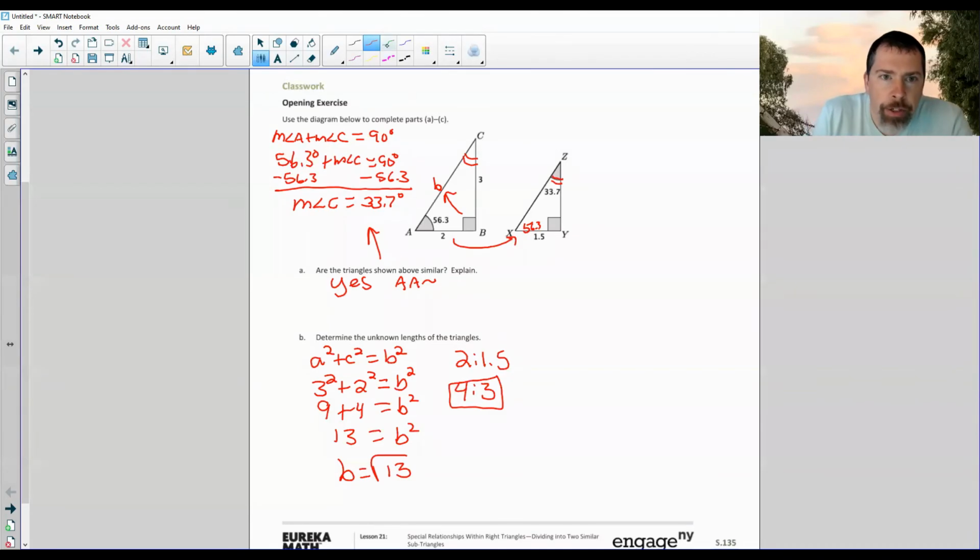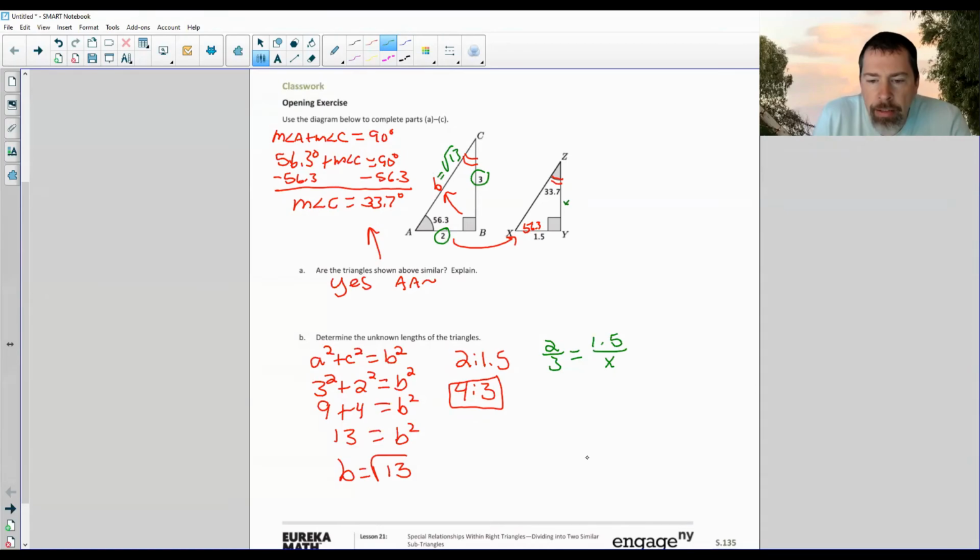Since I know two sides of this triangle, actually I know all three now because B is the square root of 13, I can set up my proportion as 2 over 3 equals 1.5 over X, since this is the side opposite little x.